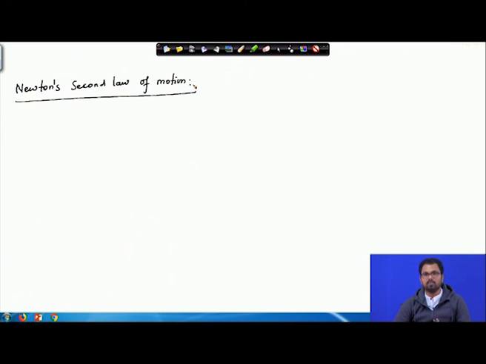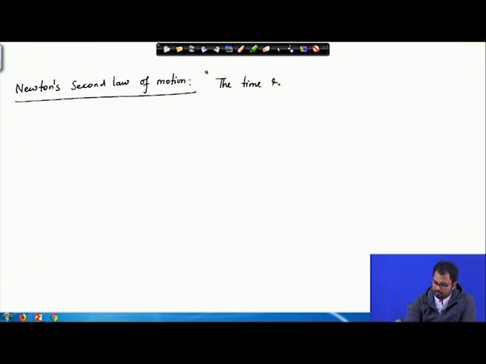Anything that is moving has some direct application of Newton's laws of motion. All three are important, but today we will just derive the second law of motion.